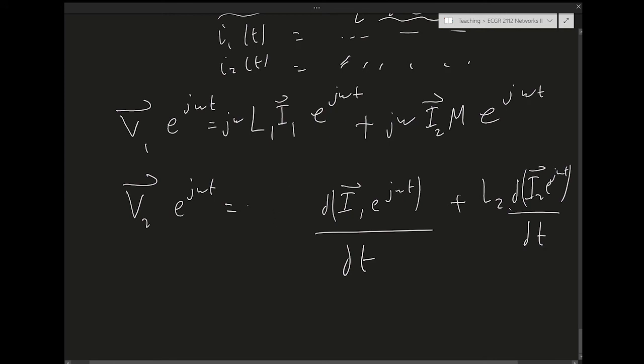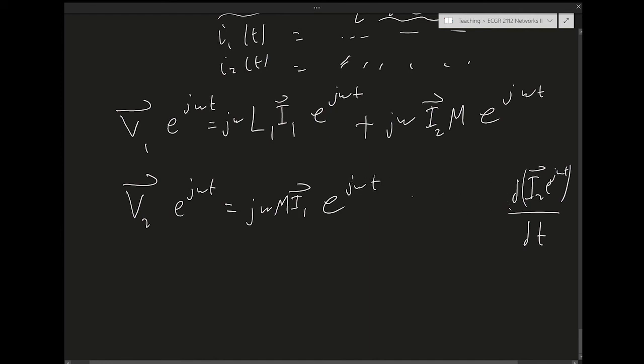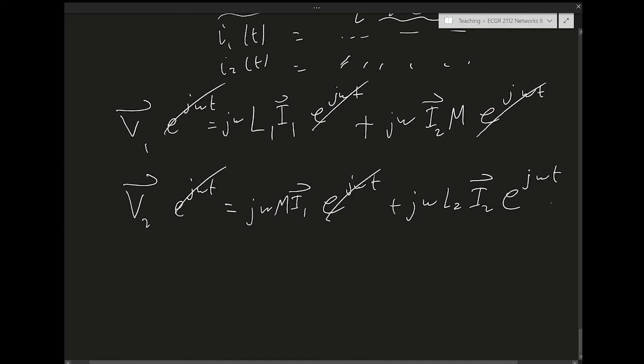Same thing here, jωM I1 e^(jωt), and then plus jωL2 I2 e^(jωt). As usual, the e^(jωt) cancels out. It's not relevant for solving the equations anymore, and we end up with those two phasor equations.